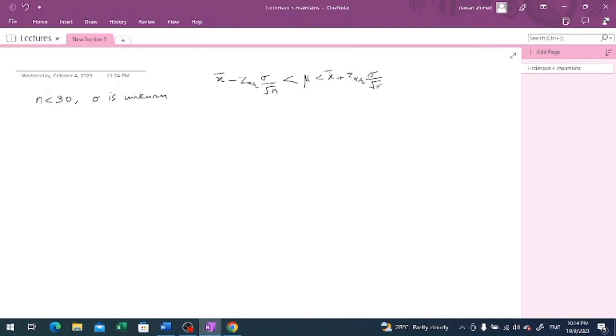This is the case of the formula when we are given that the population standard deviation, sigma, is known, and a slight amendment is desired in the formula when we are not given the population standard deviation. Instead, we make use of the sample standard deviation computed from the sample as a representative of the population standard deviation. This is the formula we apply when sigma is unknown.